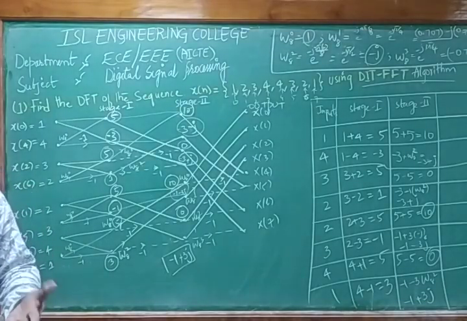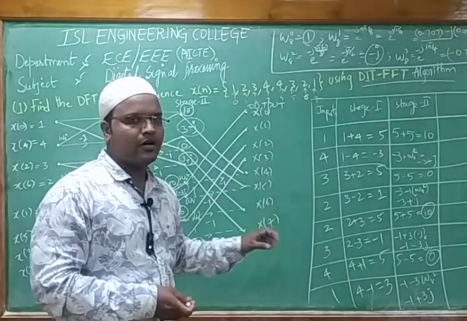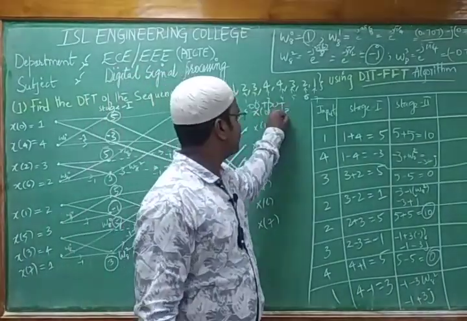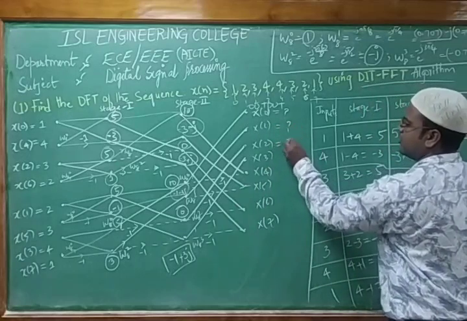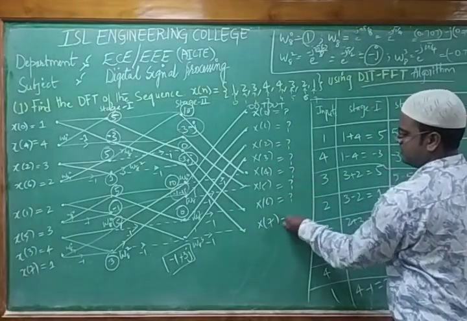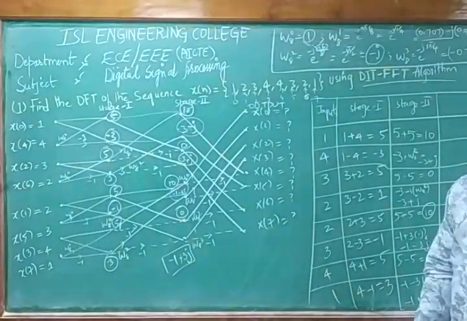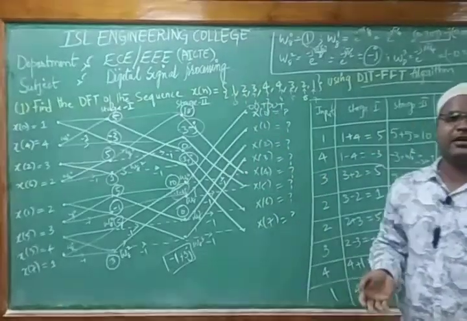What is the leftover thing we need to do? We need to write the direct output. What is the direct output? What is x of 0 answer? Then x of 1, next x of 2, x of 3. These values we need to find out. So this is actually the question in the N domain, and we are converting into the K domain. That is DFT.